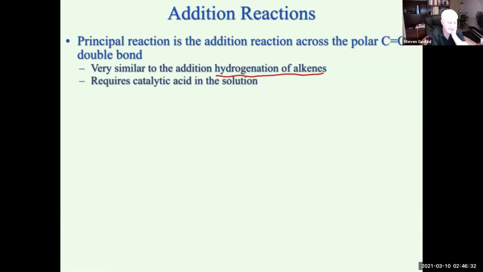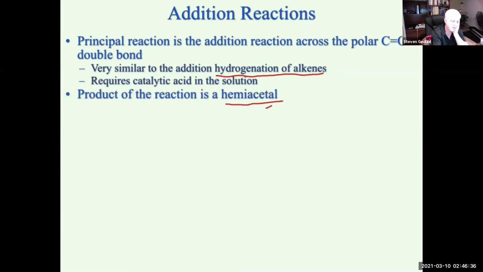It requires a catalytic acid in solution. The product of the reaction is a hemiacetal. Now these are going to become really important in biochemistry. We're going to have hemiacetals, acetals, hemiketals, and ketals. And we're going to form them by addition reactions across the carbon-oxygen double bond.